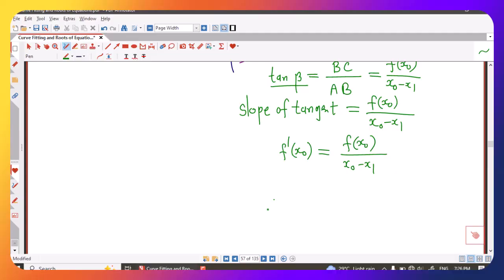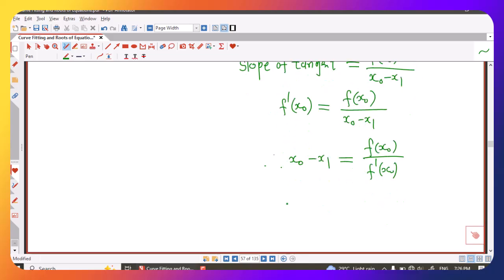So therefore I can rewrite this as x0 minus x1 equal to value of function at x0 divided by first derivative at x0, and from this I find that x1 is given by x0 minus f of x0 divided by first derivative at point x0.